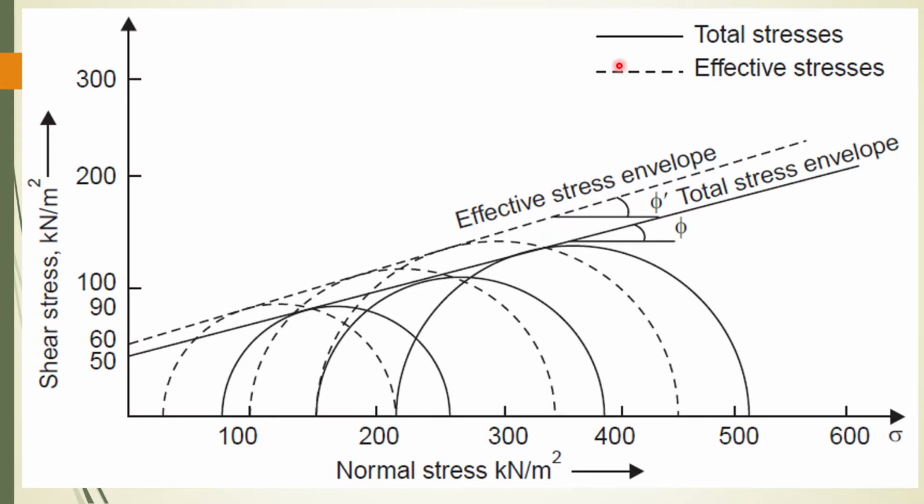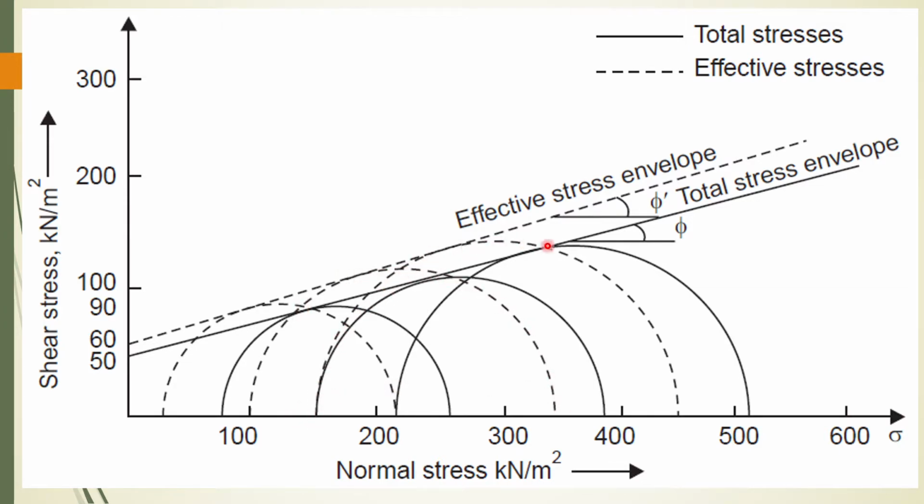As I told you, solid line is used for total stresses. This is the Mohr circle for the first sample, this is for the second sample, and this is for the third sample. Similarly, taking effective stresses, this is the Mohr circle for the first sample, and this is the Mohr circle for the second sample.